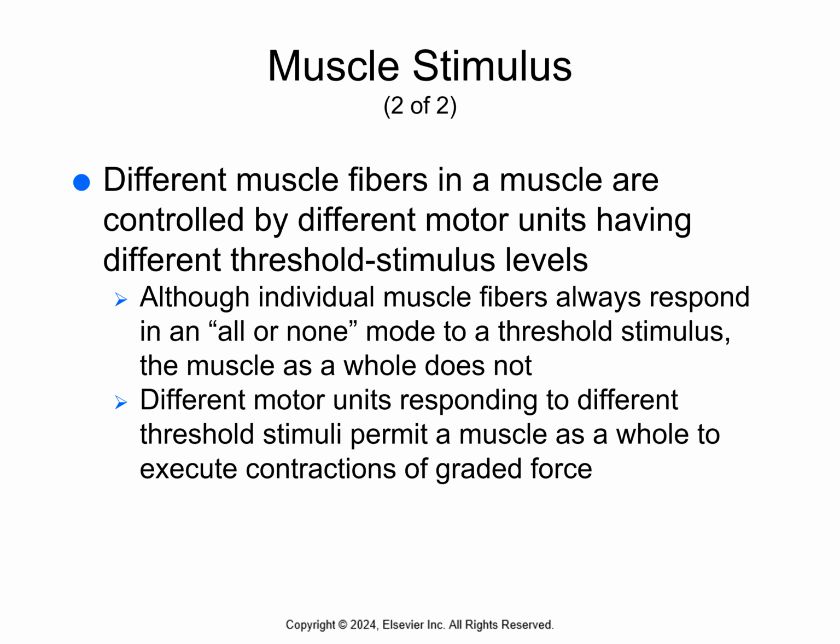Different muscle fibers, like I said, are controlled by different motor neurons having a different threshold stimulus level. So the all or none, once again: the individual muscle fibers respond to the threshold, and the muscle as a whole does not. Different motor units respond to different thresholds, so the muscle as a whole can execute contractions of a graded force.